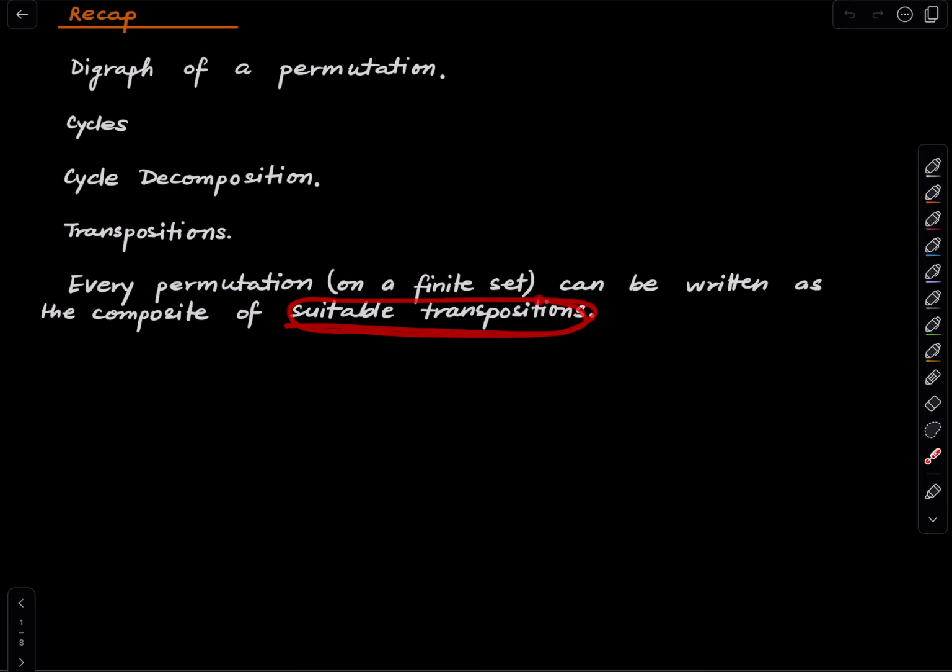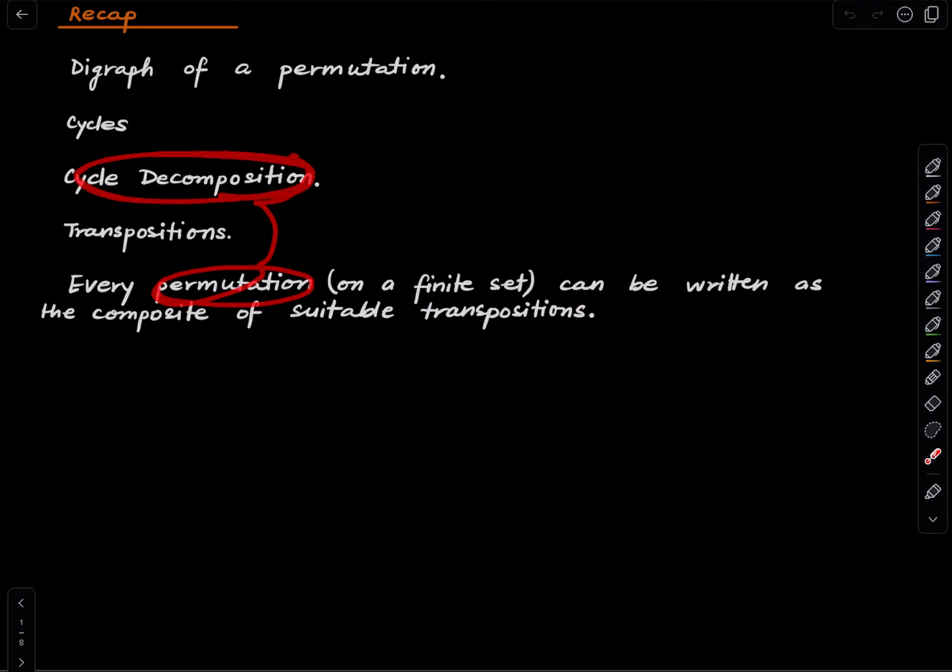Now these may not be disjoint, but every permutation admits such a decomposition simply because every permutation first admits a cycle decomposition, and then you can show that every cycle can be written as the composition of transpositions. Combining those two facts shows that every permutation can be expressed as the composition of various transpositions.